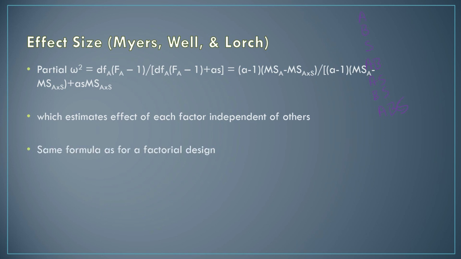And so it is the same formula as for a factorial design, but because you here are essentially doing a similar set of effects as a three-way between subjects design, this partial omega squared is the effect size that would need to be used.